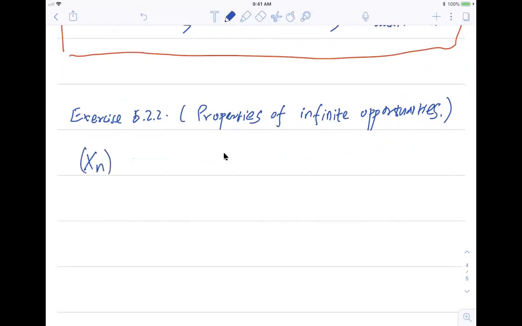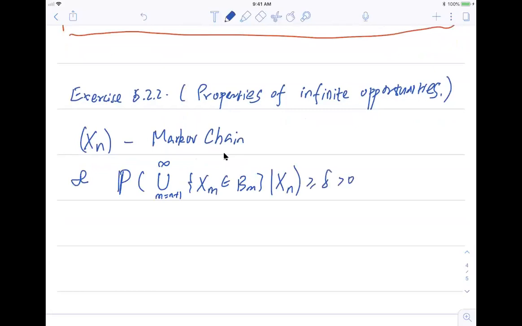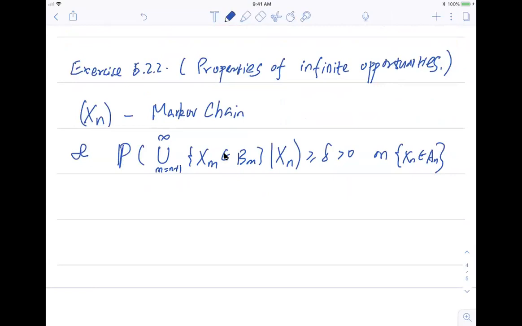It says, if X is a Markov chain and we have this condition, the probability of the union over m from n plus 1 to infinity of X_m in B_m, conditioned on X_n, is positive on the set where X_n is in A_n. This is the assumption.